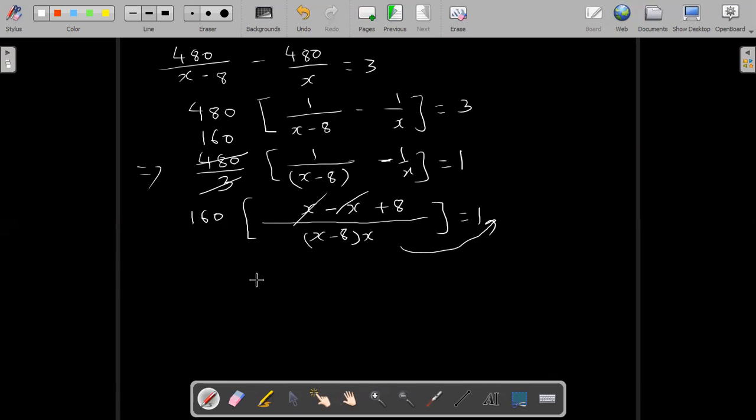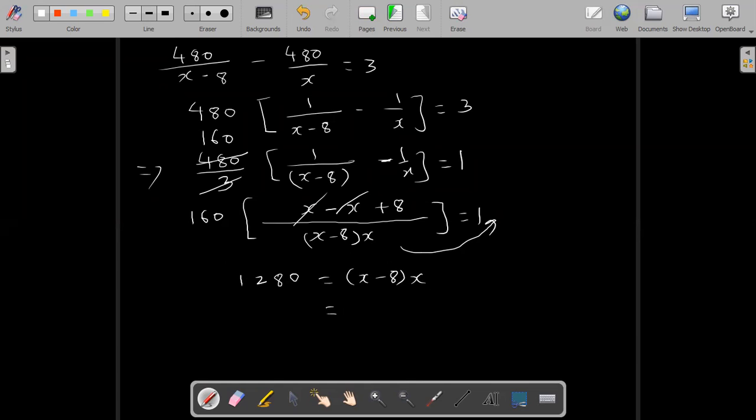This 160 will multiply with 8. So 0, 8 6s are 48, 8 6s are 48, carry 4, 8 1s are 8 and 4, 12. So 1280 is equal to x minus 8 into x.